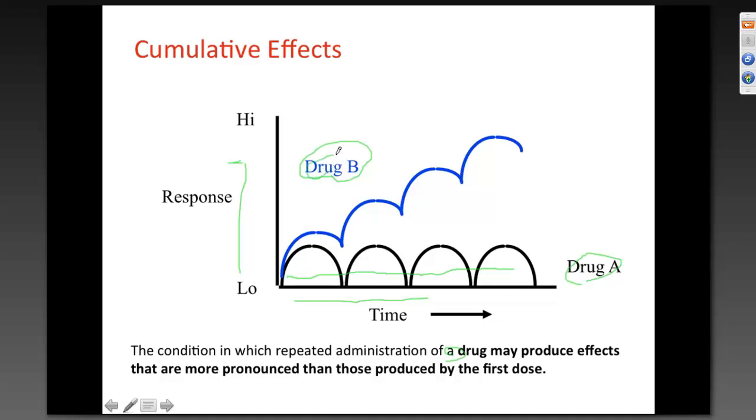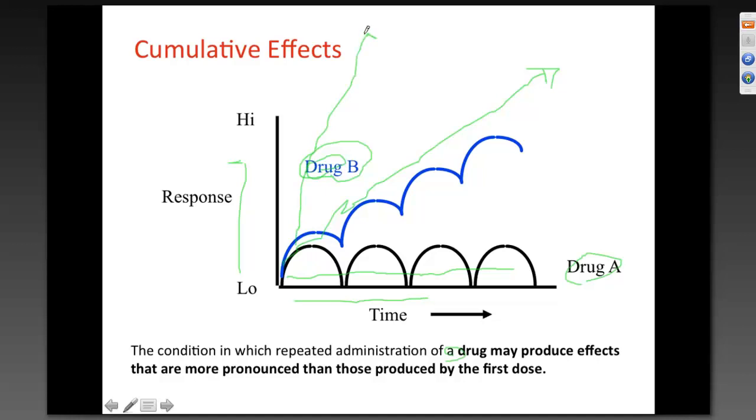Whether it's a different drug or the same drug, they're saying that the response now goes up like this. That is cumulative. And that means if I give it again, I'm just going to make this up, then I should have a response that looks like this.